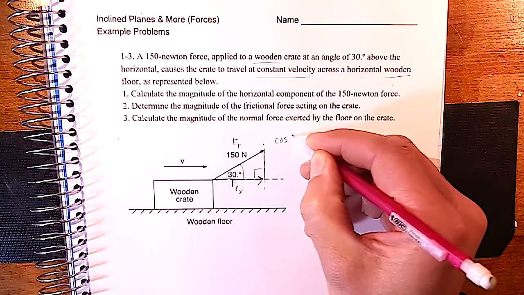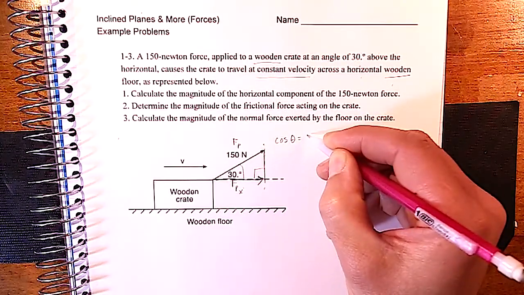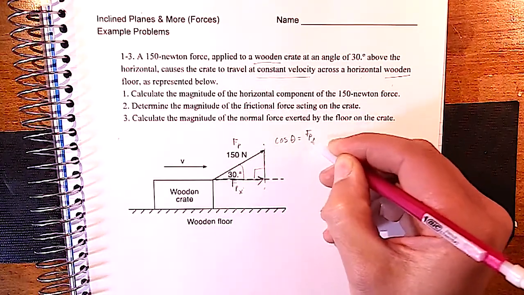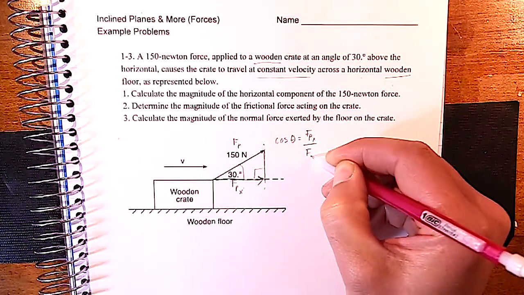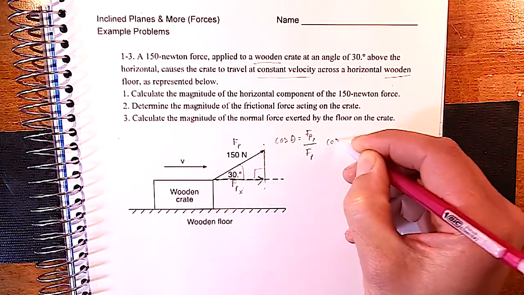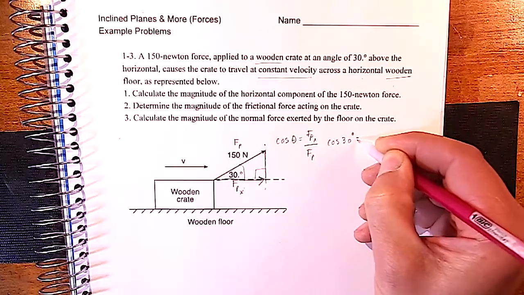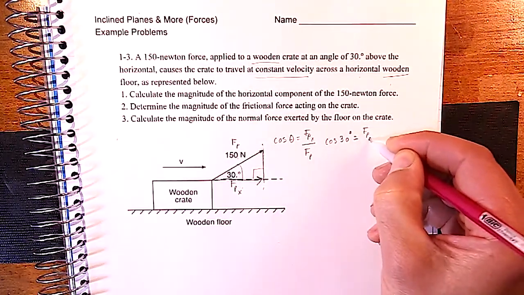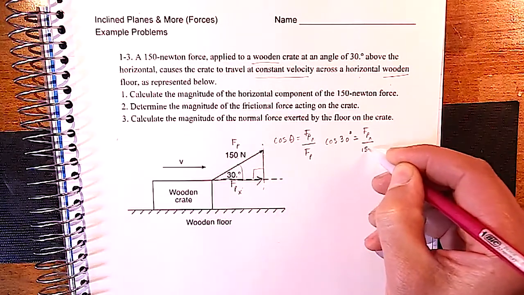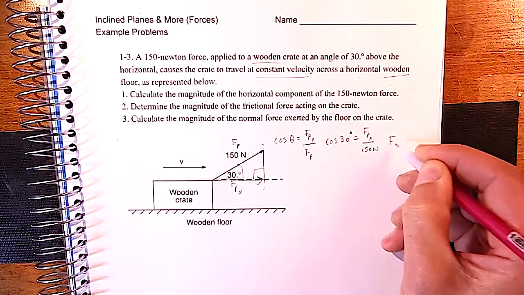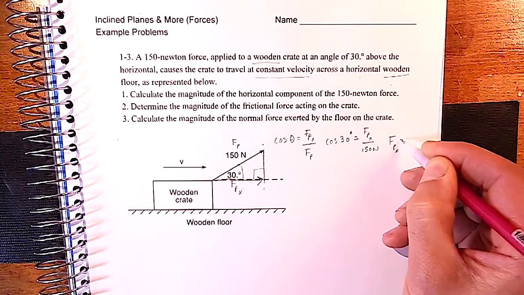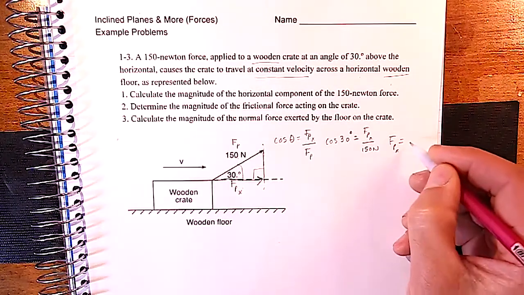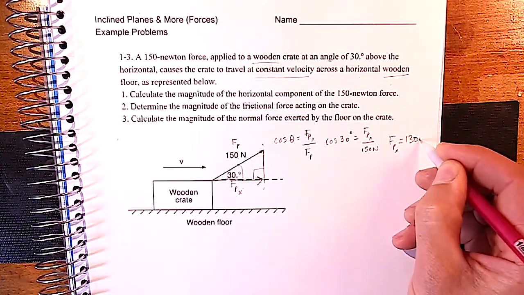So that's going to be cos theta is equal to the adjacent over the hypotenuse, and that's going to be cos 30 is equal to Fpx over 150 newtons. And if you do the math, you cross multiply on that, that comes out to 130 newtons.